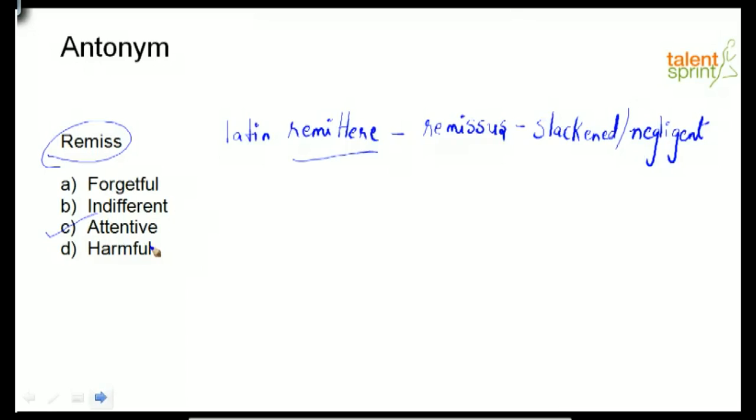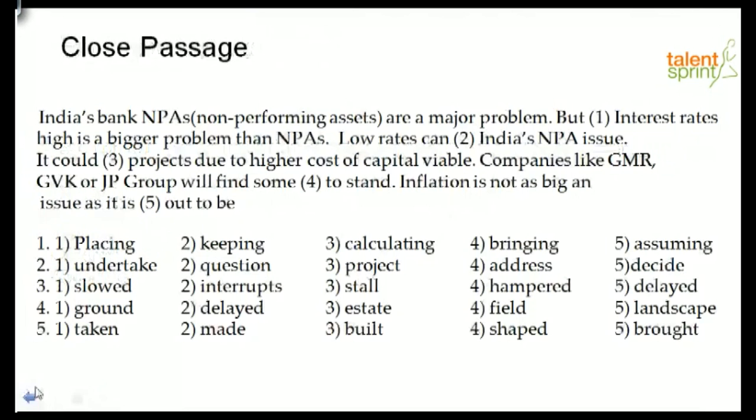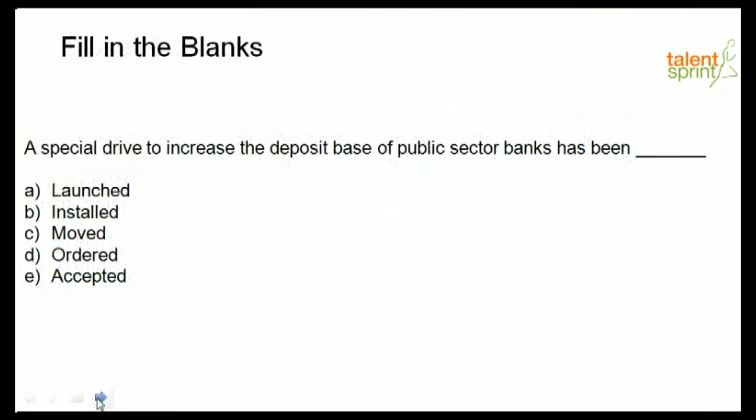Back to Suman's question. So for that, I need to go back to close passage. Yeah. So coming back here, or we can even look at the fill in the blanks context, right? Just to answer Suman's question. Now Suman, look at this context. A special drive to increase the deposit base of public sector banks has been dashed, right? I'm looking at 5 options.